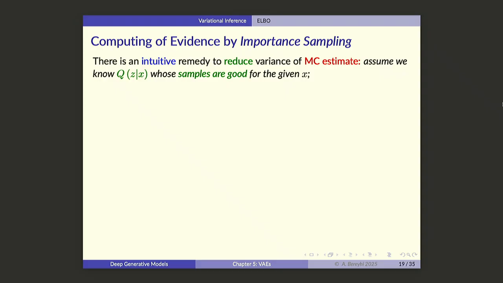And can you guess why I put given X here? Because I want that distribution to be for the particular X that I'm looking for, right?